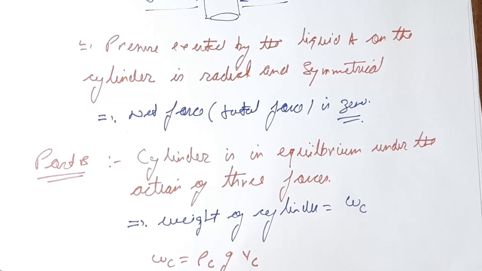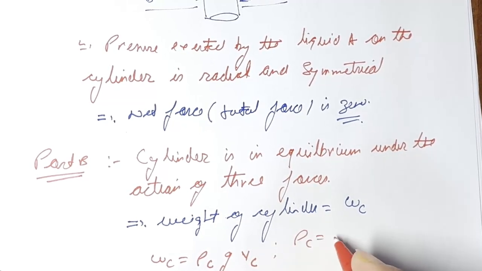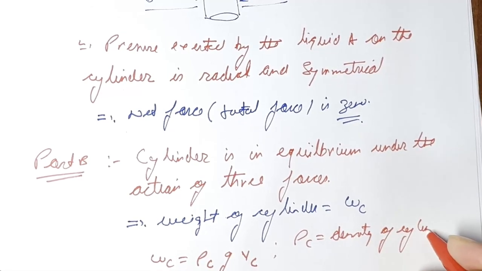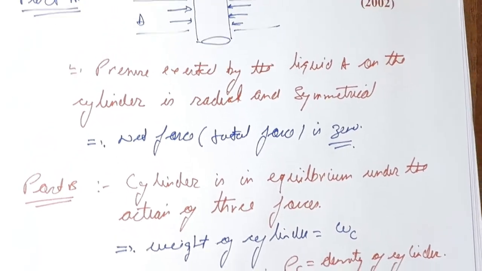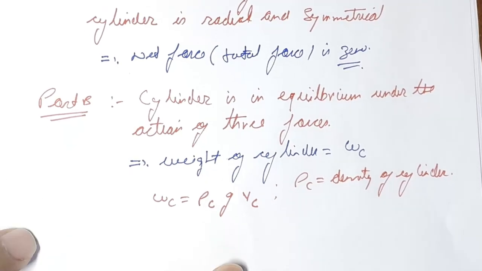Okay, where rho C is the density of the cylinder, and VC is the volume of the cylinder.